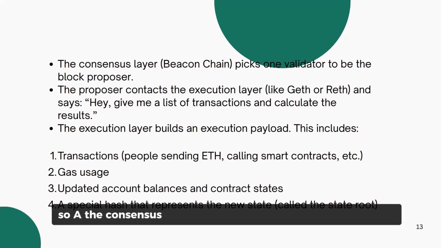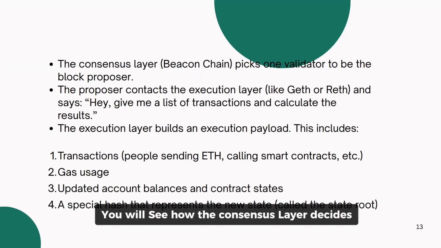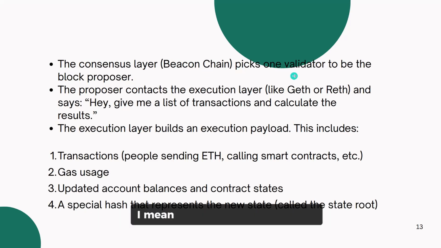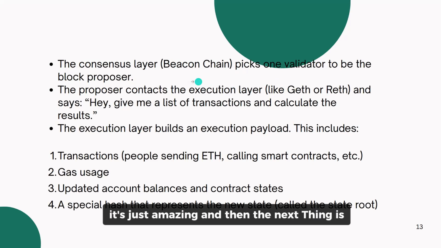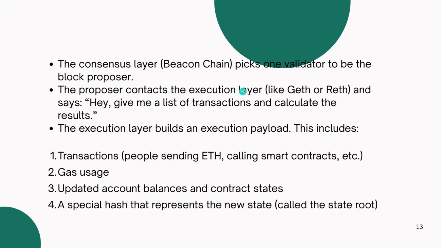Don't worry, as we explore this, you will see how the consensus layer decides who is going to propose a new block among the validators. This thing is just amazing. And then the next thing is this proposer contacts the execution layer.